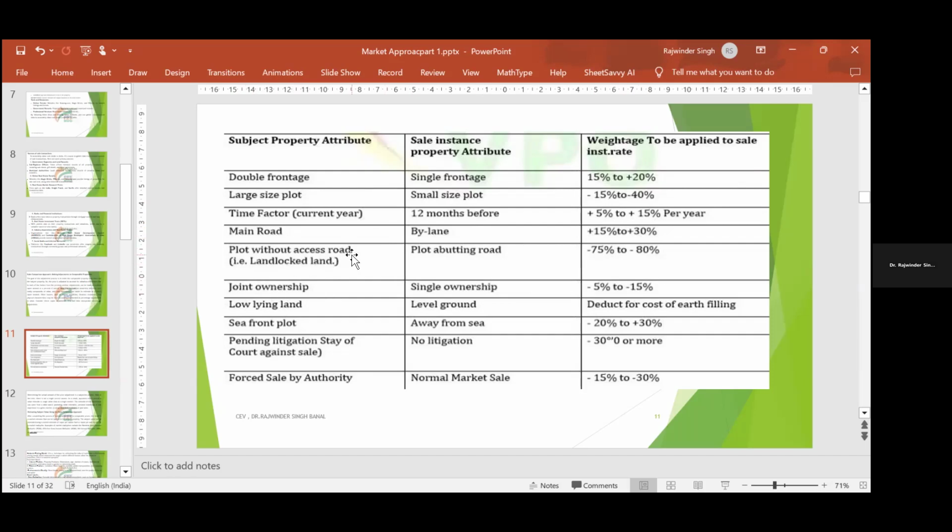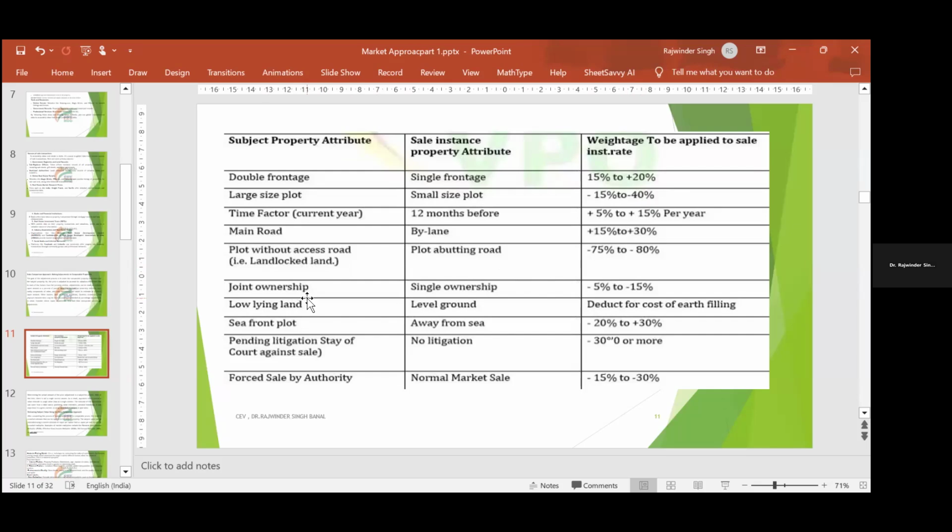Plot without access: if our plot is without access, it is a landlocked land. It will only have adjustment value, minus 75 to 80%. It will have only 25% market value generally.